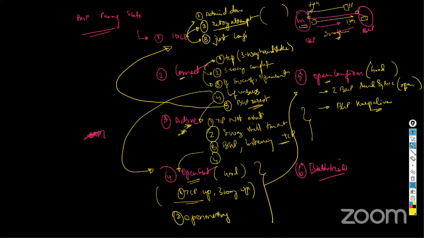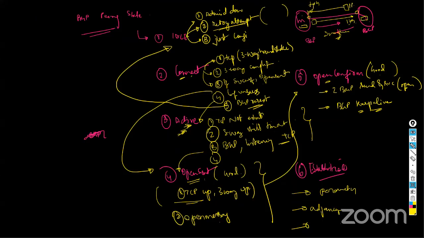Why do we use keepalive? It's to see if the peer router is still up and running. We don't want our peer to be down without us knowing, and we are still forwarding to that peer itself. So we make use of keepalive. And the session is established when all the parameters are matched. You have an adjacency now.